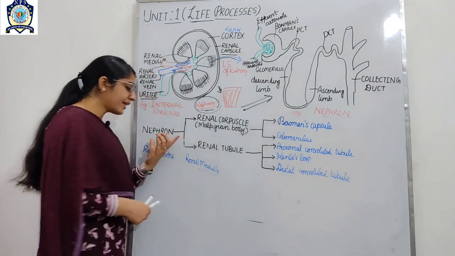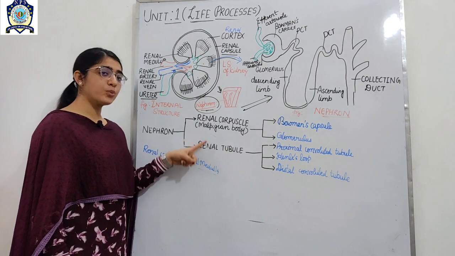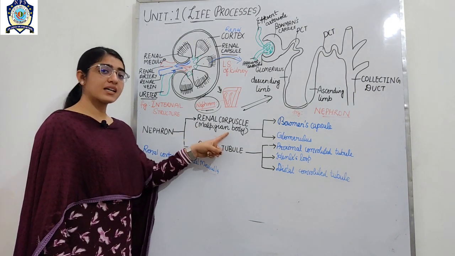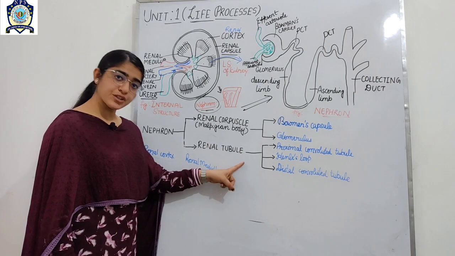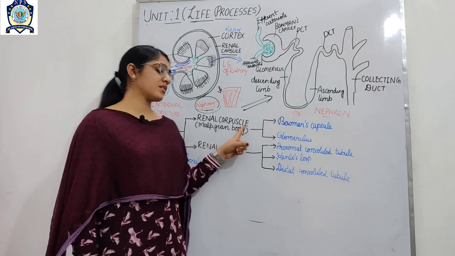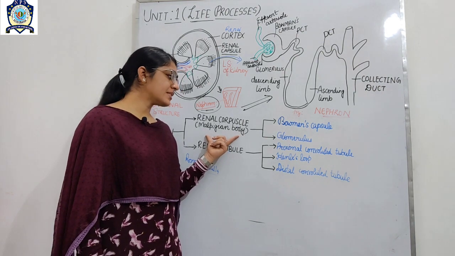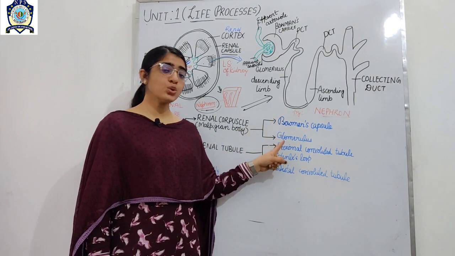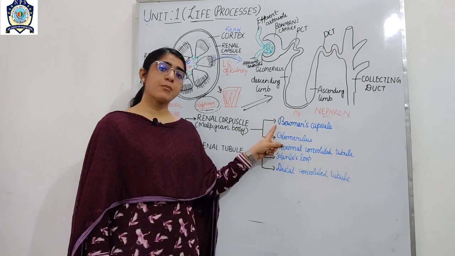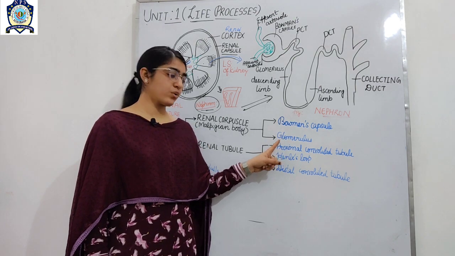A nephron comprises two further parts: the renal corpuscle and the renal tubule. The renal corpuscle is also known as the Malpighian body, and it is further divided into two parts: the Bowman capsule and the glomerulus.